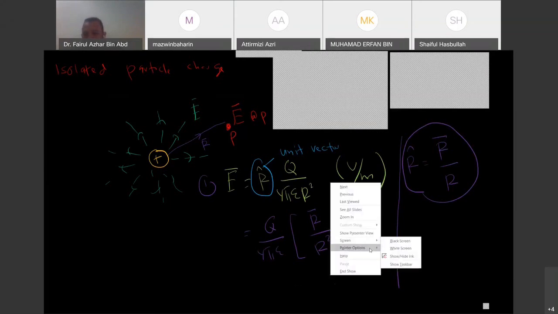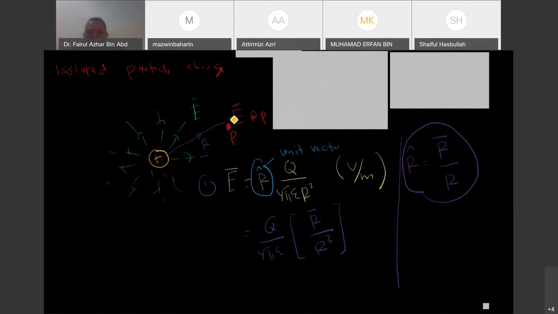And the second statement of Coulomb's law. So let's say in this case we put another charge inside the electric field produced by the other charge. Let's say we put another charge here. So this is Q prime. Because we put another charge in the presence of an electric field, that particular charge will experience some force. Because the polarity is the same, we will generate a repulsive force here.